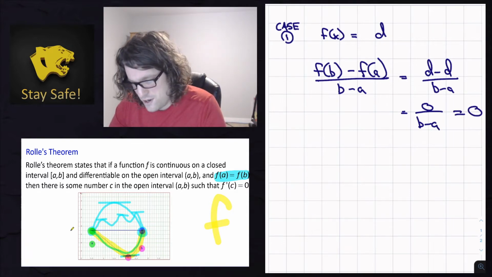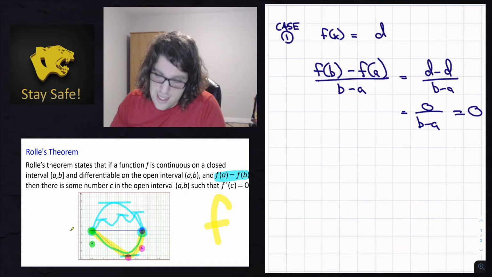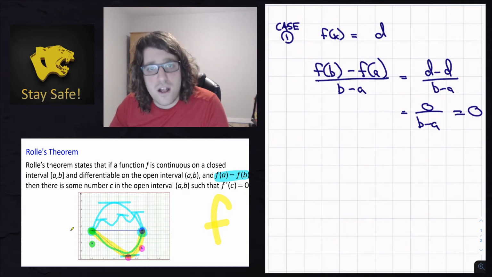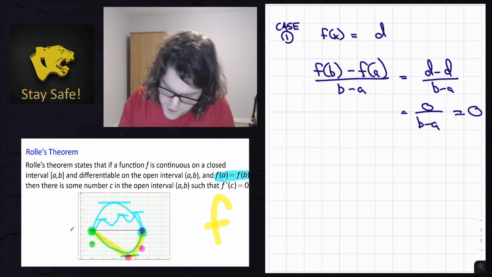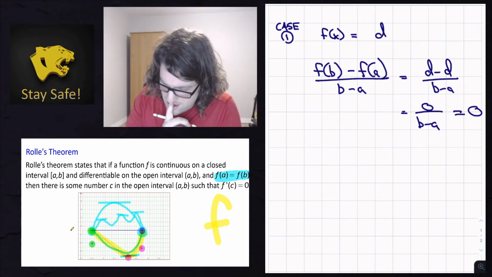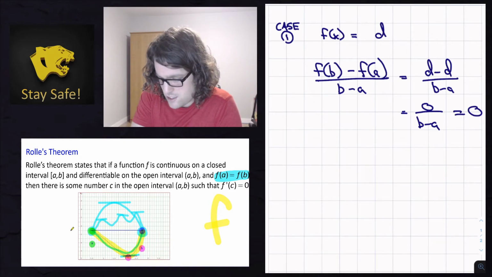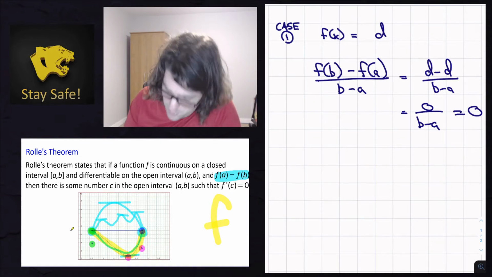So what's going to happen is that the value of the slope from the beginning to the end is, of course, 0.